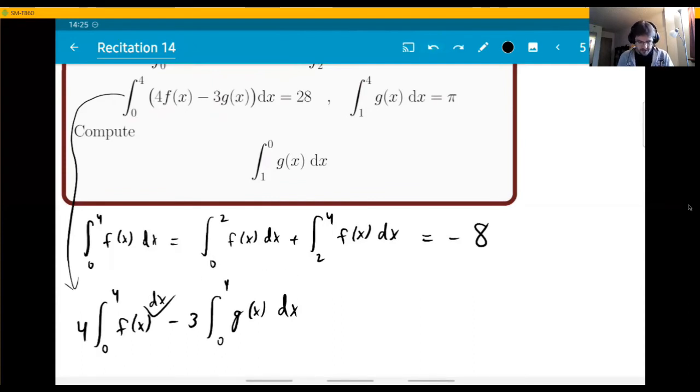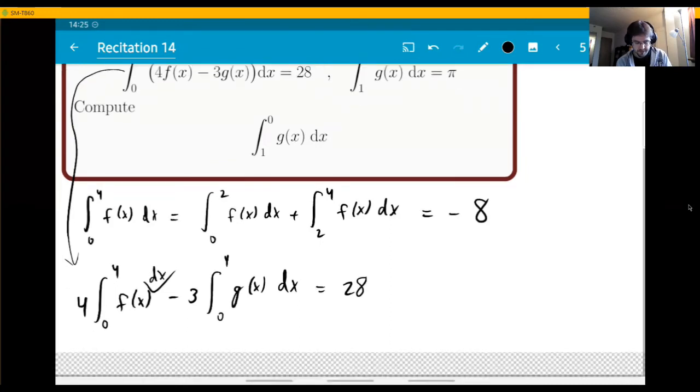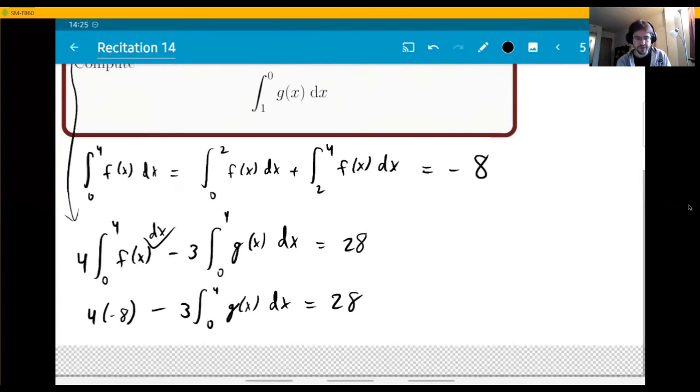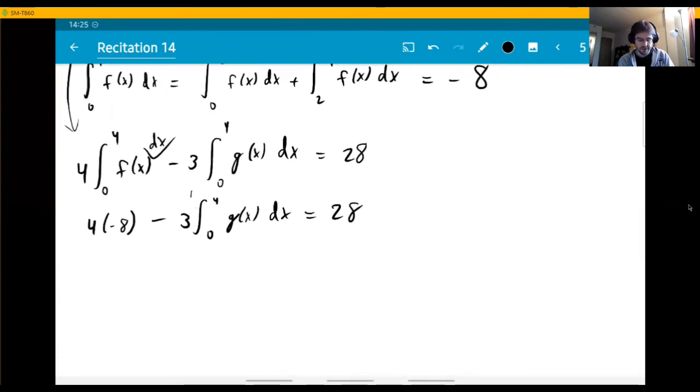All right, this should be 28. But now you see here the integral of f from 0 to 4. We just found that. That's -8. So 4 times -8 minus 3 times the integral of g from 0 to 4 is equal to 28. This equation is going to allow you to find this integral of g.